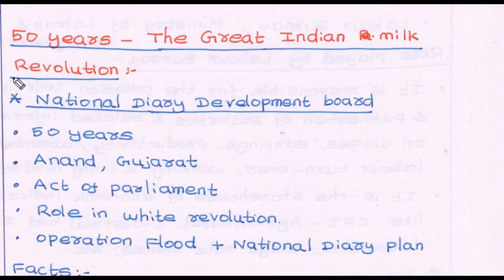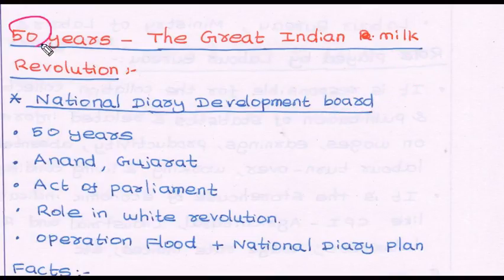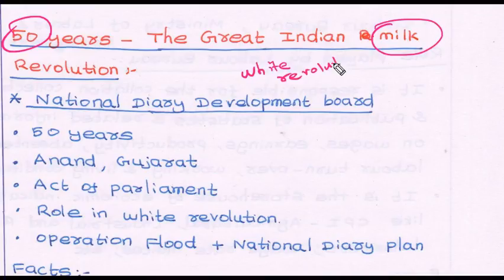Next we will move to another topic that is very important for the 2017 and 2018 IAS examination. That is 50 years of the Great Indian Milk Revolution. The Milk Revolution, also called the White Revolution, is going to complete 50 years.